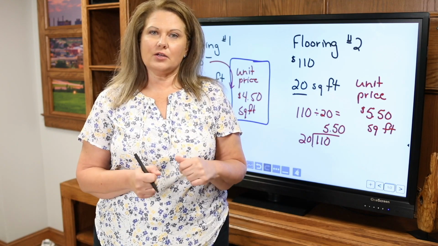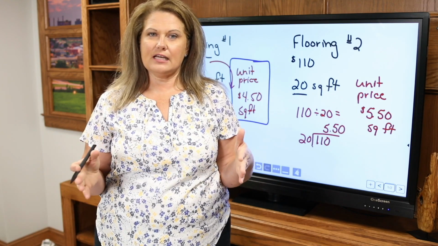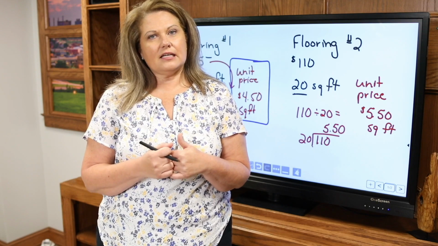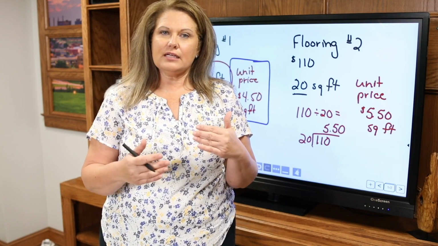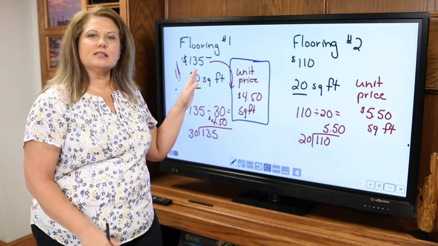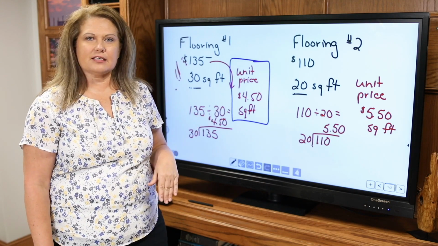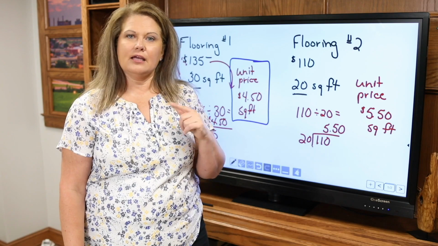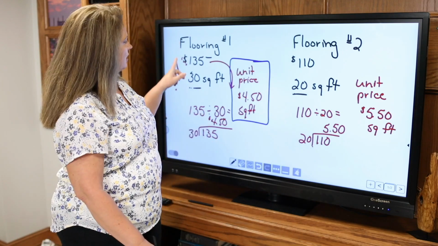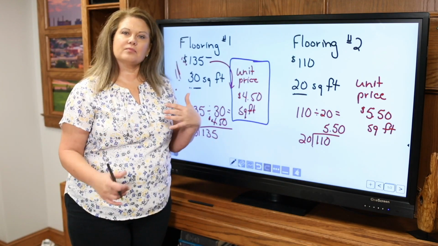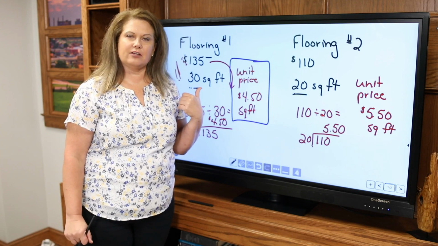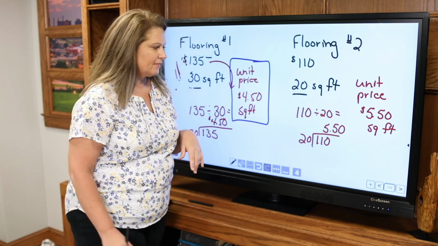Carpet tile is a hot new item out there. Some of you may have seen it. I personally have seen it in office spaces. And it's really kind of a cool thing because it comes in the same type bundles as the hardwood floor, and it gives you good practice of finding best buy using unit rate, or you can use some other strategies to figure out which one is the best buy.